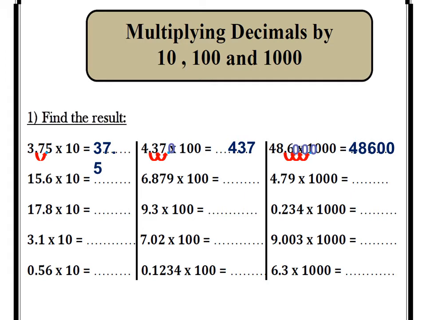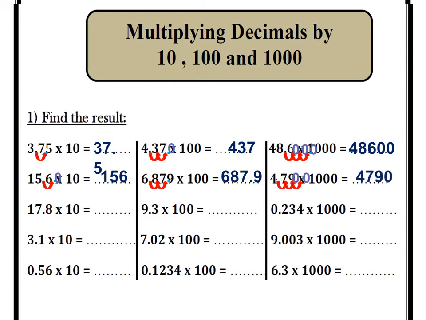Let's follow the same steps. 15.6 times 10, 1 step, so it's going to be 156. 6.879 times 100, 2 steps, so the decimal point is going to be between the 7 and the 9, so the answer is going to be 687.9. 4.79 times 1,000, 3 zeros, 3 steps, 1, 2, 3, decimal point, any empty space, fill it up with zeros.